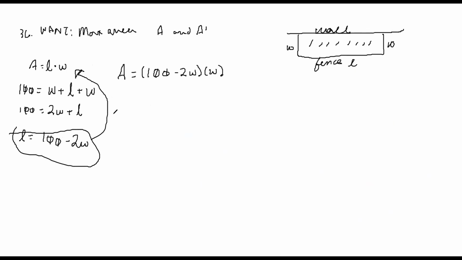So I'm going to simplify this out. I'm going to find A prime. And then I am going to find where A prime is equal to 0. Are you following me up to this point? I am. Okay. So A prime is going to equal 0.